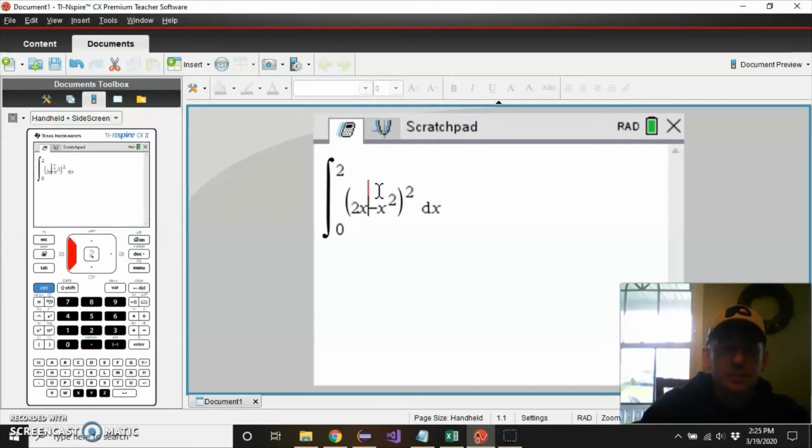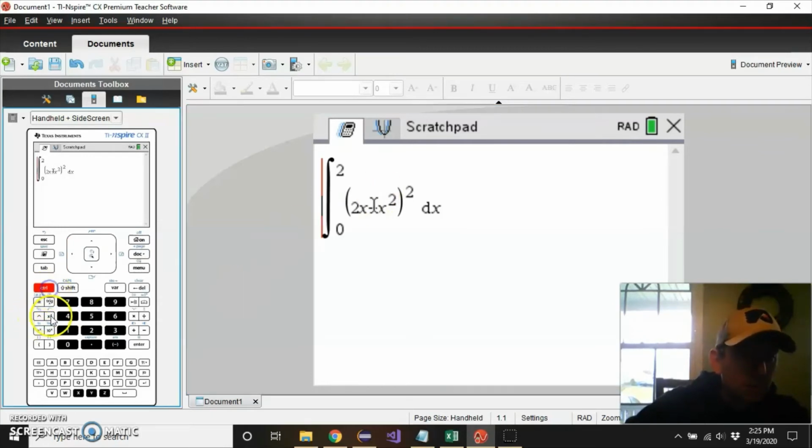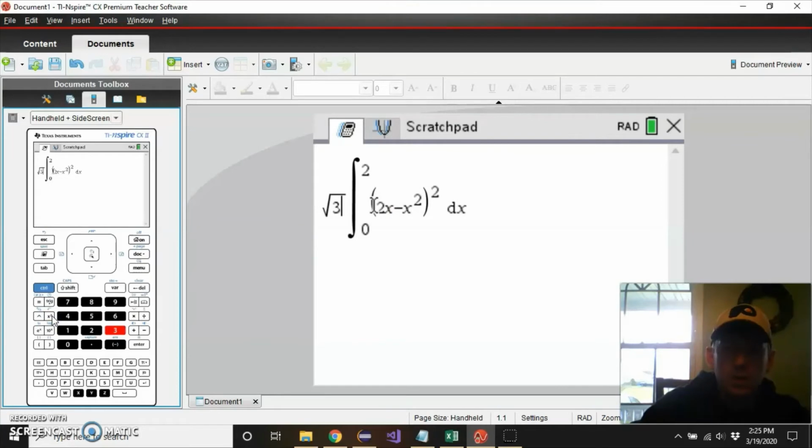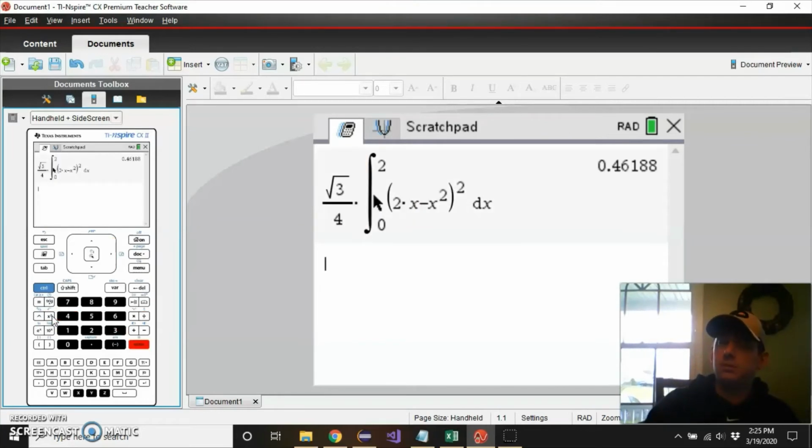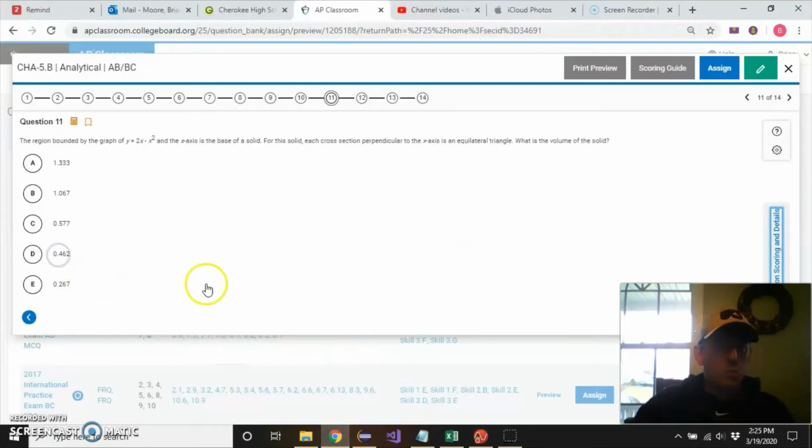Square that. But on the other side, we need root 3 fourths. Out of 462. There you go. 462.